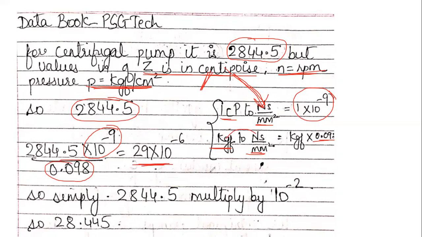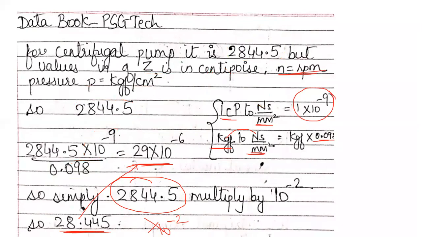Or simply, just one thing you should do, you should multiply this 2844.5 into 10 raised to minus 2, which is 28.445, near about this value. So guys, I'll show you here in the table.